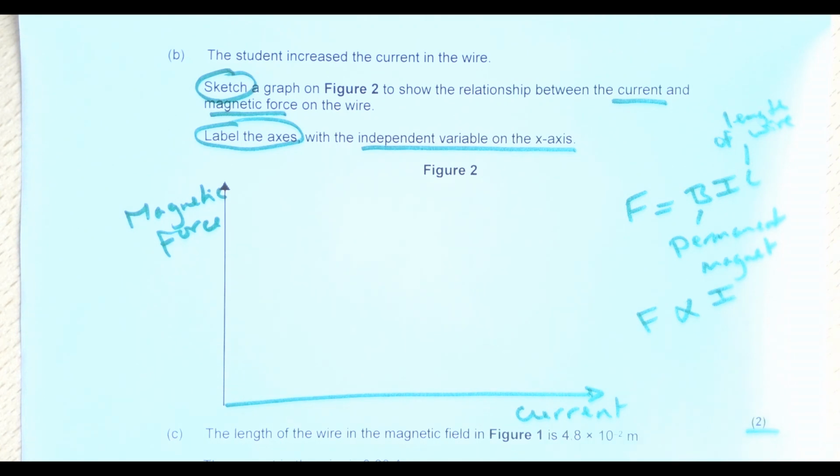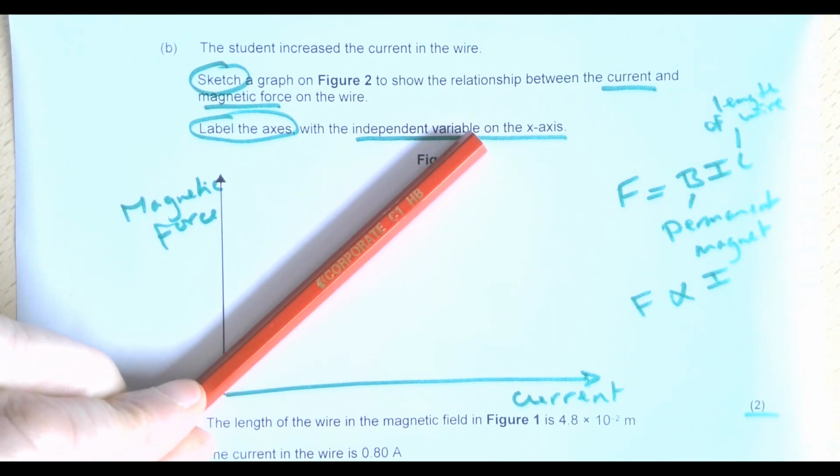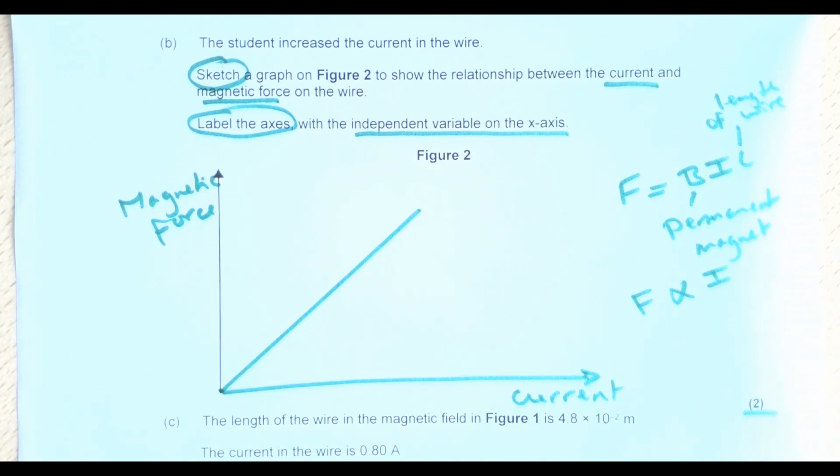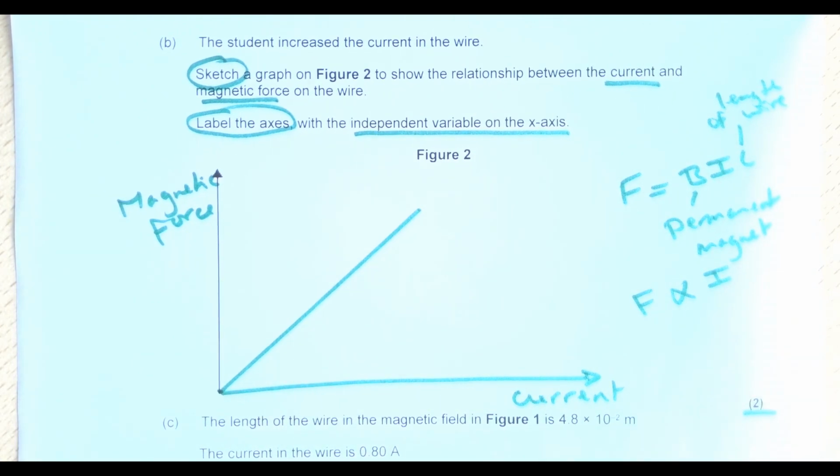This is the moment where I was about to be lazy and not use a ruler, but I've got a pencil here I can use as a line, so it will be a straight line going through the origin like that. Okay?